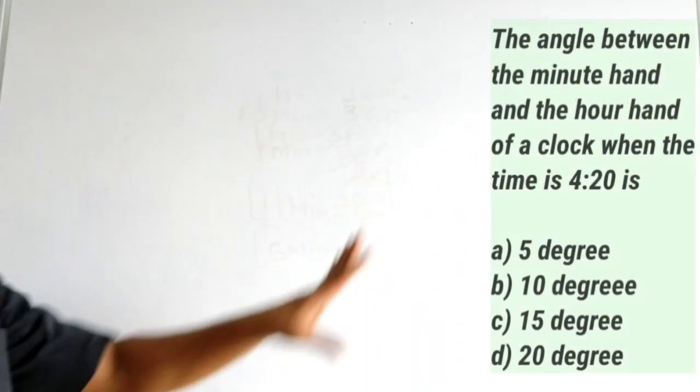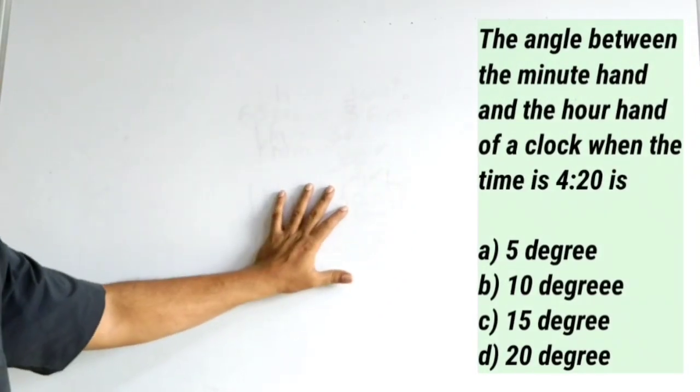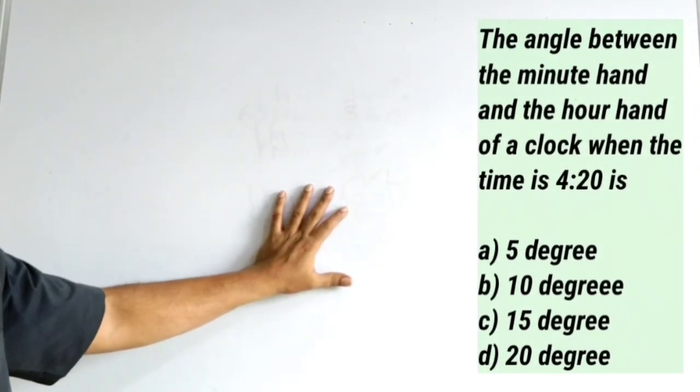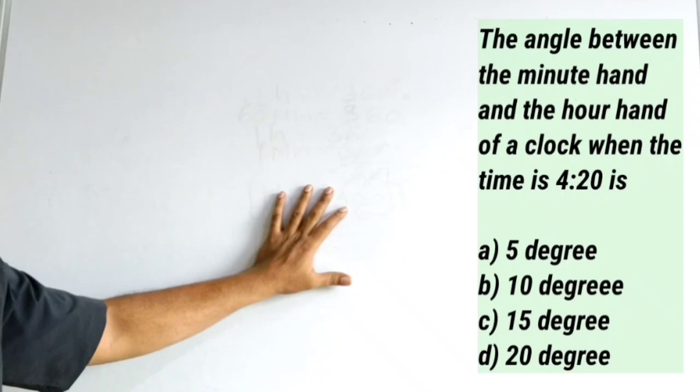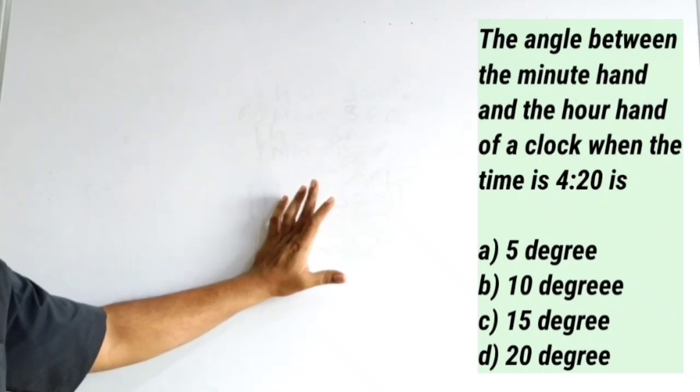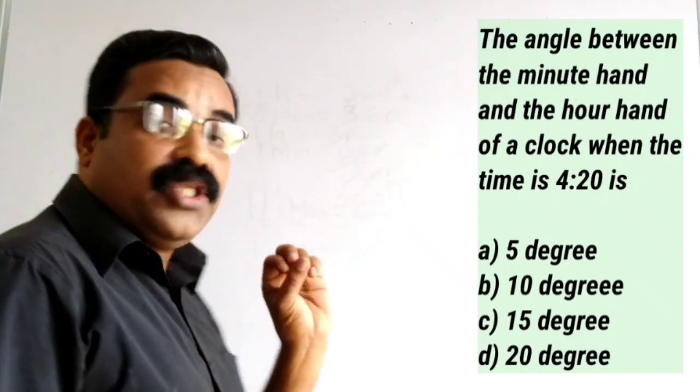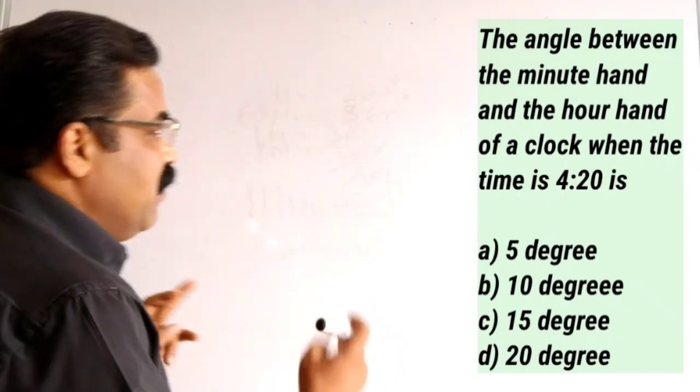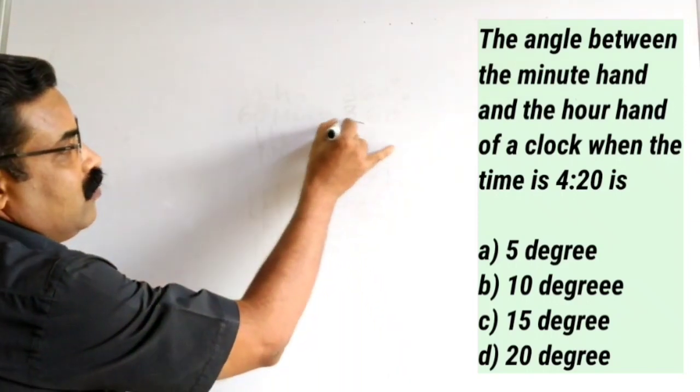So the question comes like this, students. Here is your question. The angle between the minute hand and the hour hand of a clock when the time is 4:20. 4 options are also given. So when we talk about 4:20, it will be like this.